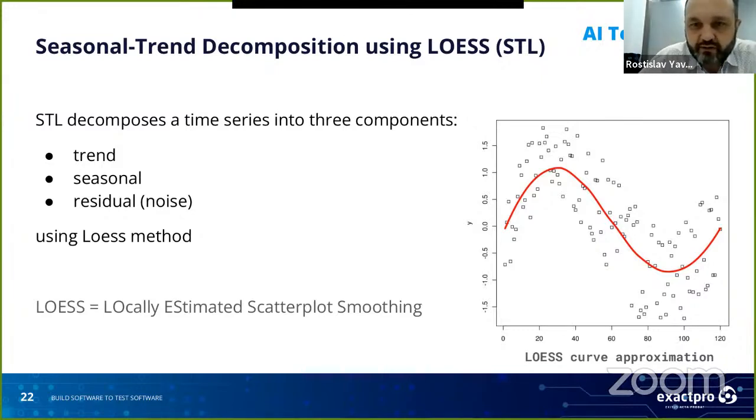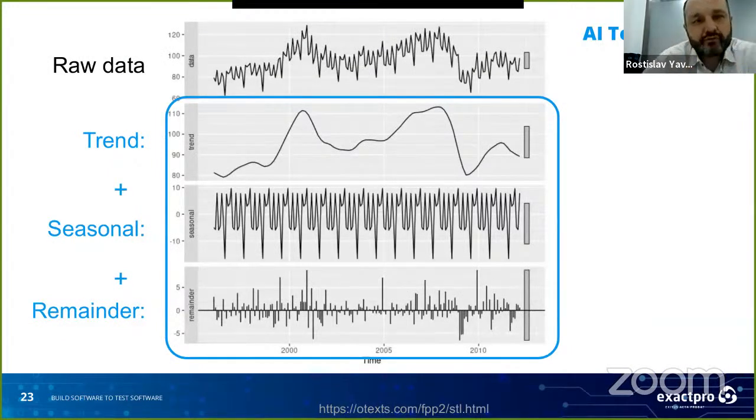But basically the idea is that you have some raw data, which you see in the picture above, and your basic assumption in this method is that it can be decomposed into 3 components. First, you compute the trend, which could be any kind of curve. For example, you have some sales or traffic on your website.